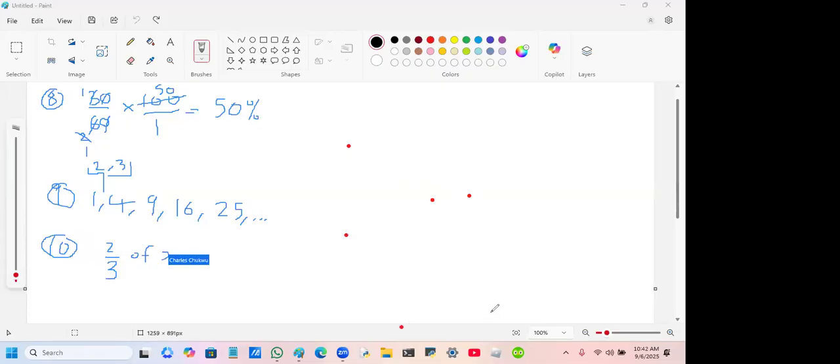I told you, anytime they tell you that kind of thing, two-thirds of a number, use a letter and represent the number. Then anytime you see the word "is", put equal to. That's all. I've written it down. I've not solved it, though, but at least I'm already halfway there.